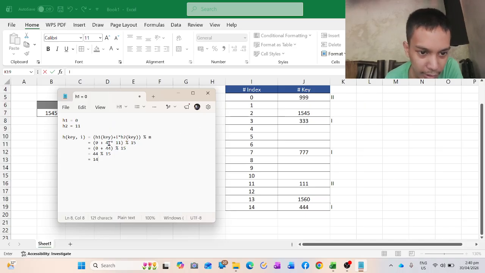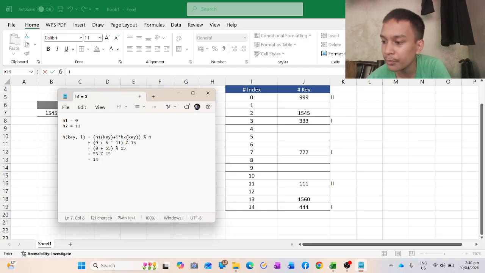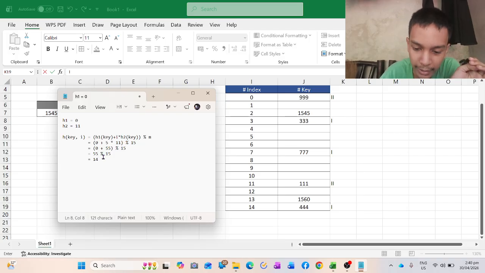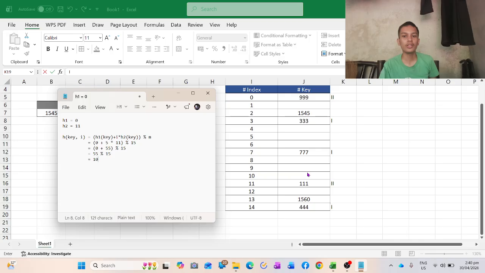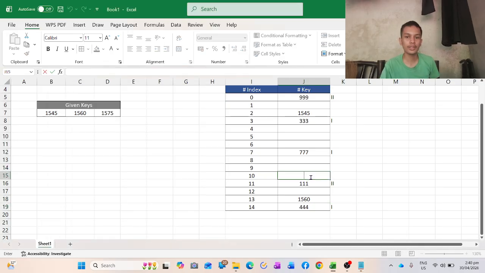Now it's 5 times 11, which is 55, and 0 plus 55 is 55. 55 modulo 15 is 10. Since 10 is empty, we're going to put 1575 there. So we already solved this.